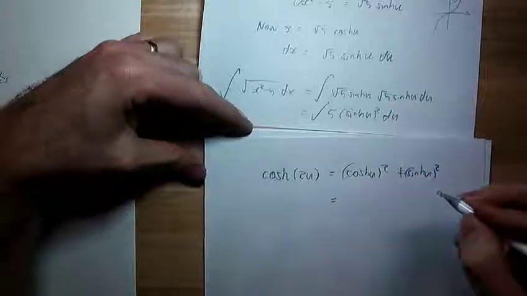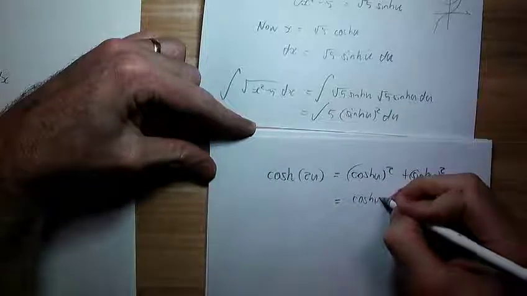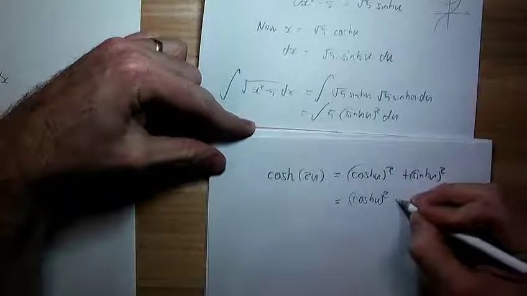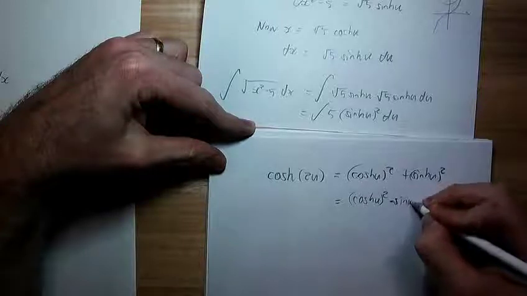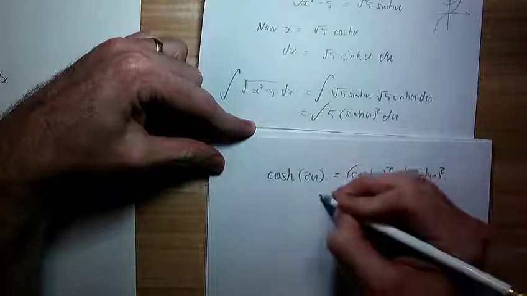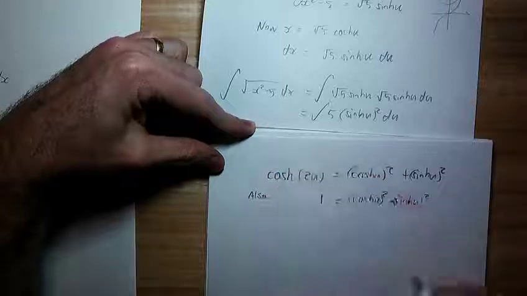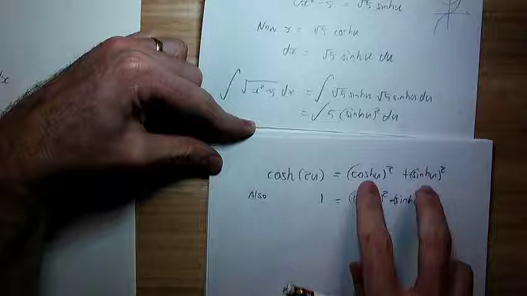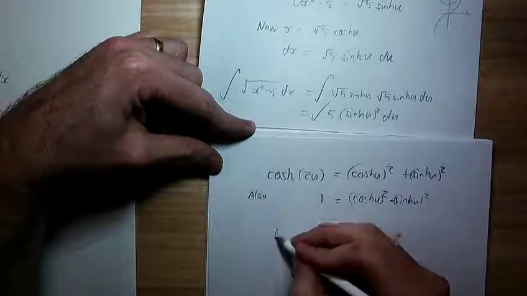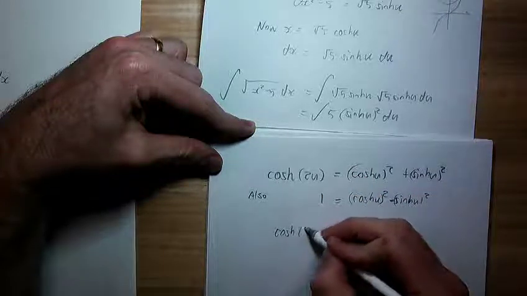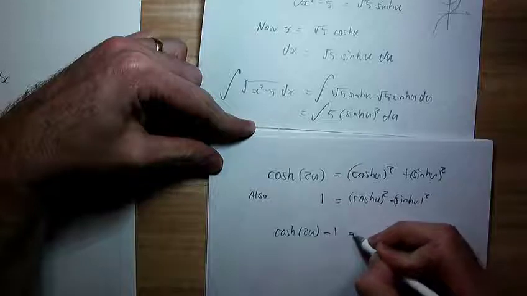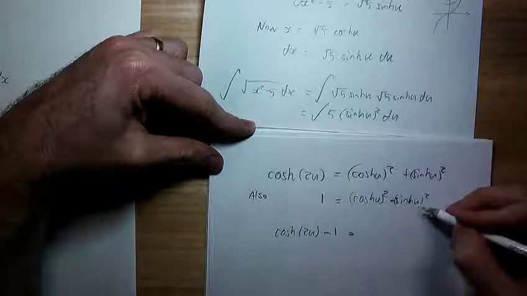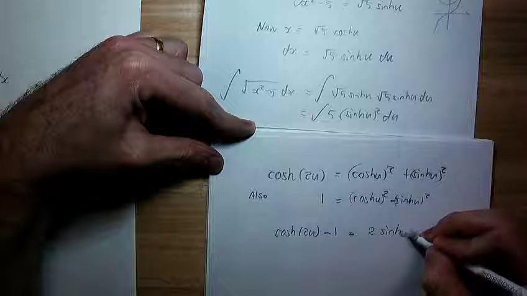So if I just write them next to each other and do this minus this, I'm going to get cosh 2u minus 1. That minus that is 0, that minus is 2. Yes!